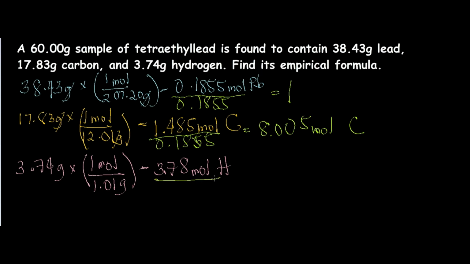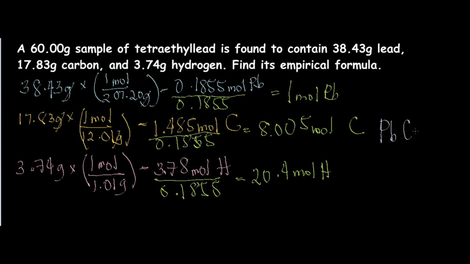Then this one, we will get 20.4 moles of hydrogen. Okay, so the empirical formula will be PbC8H20.